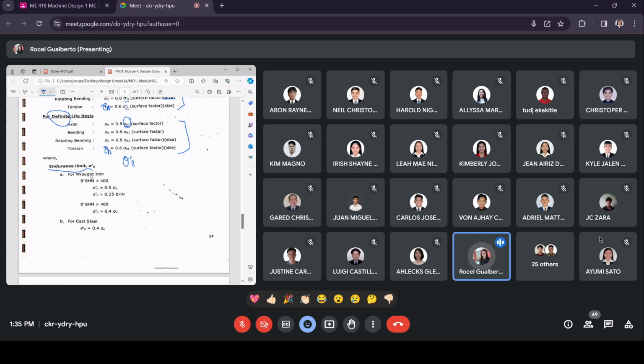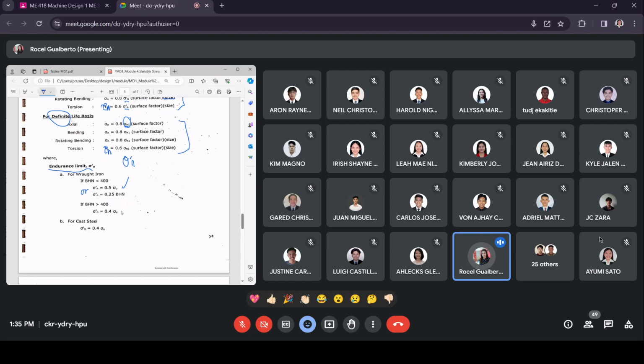What are those classifications? Wrought iron: if wrought iron and BHN value less than 400, you use the equation sigma prime n equal to 0.5 of sigma u, or you may use sigma prime n equal to 0.25 of BHN.